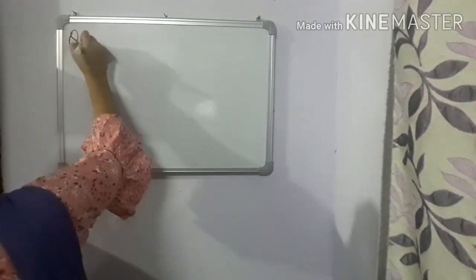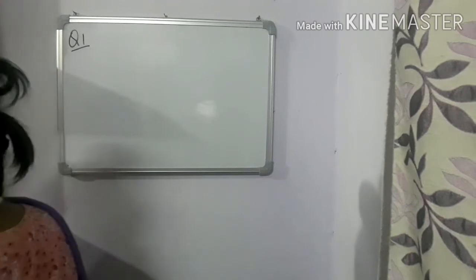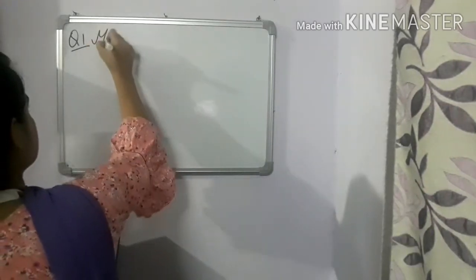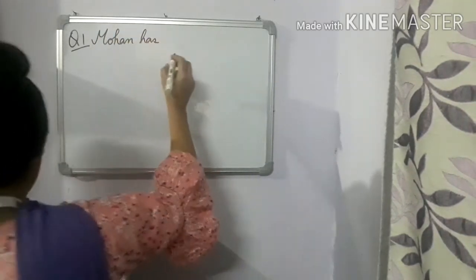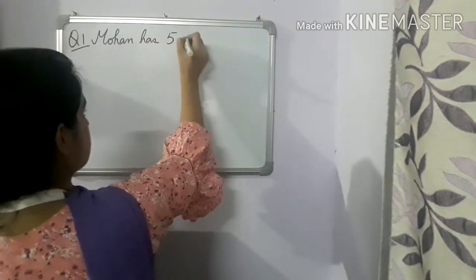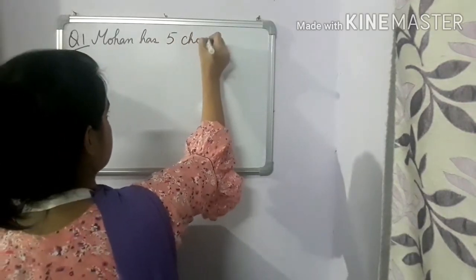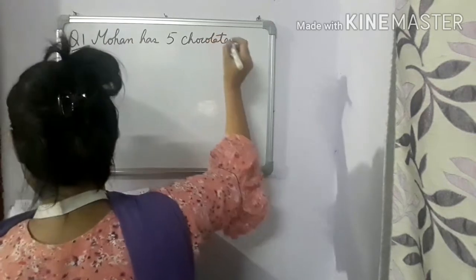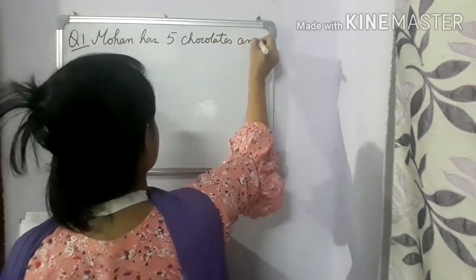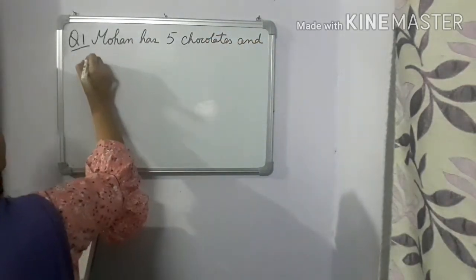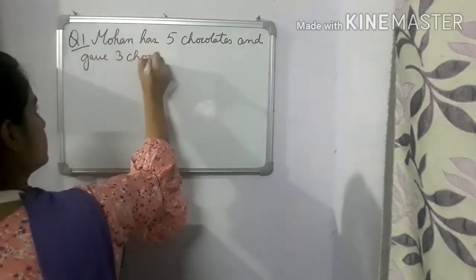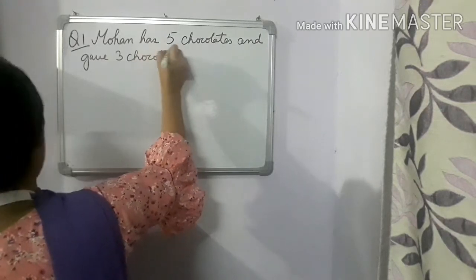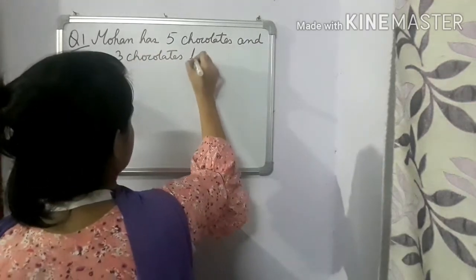Question 1. Mohan has 5 chocolates and gave 3 chocolates to his sister.